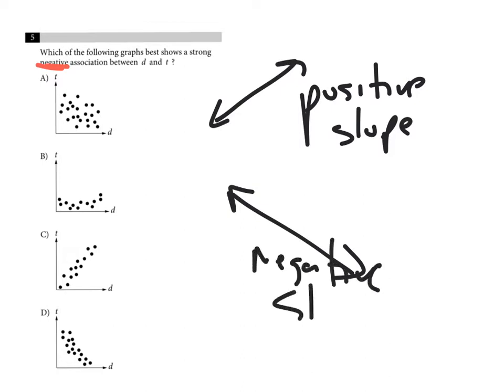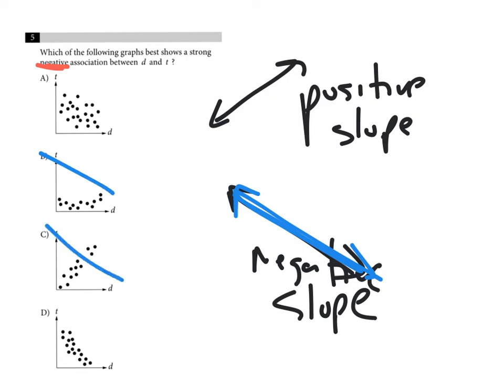So I'm looking for points that resemble this pattern going from upper left to bottom right, and it looks like B and C don't represent that. The best answer is letter D, because the points represent a line going in that direction. So I'm going to say letter D for number 5.